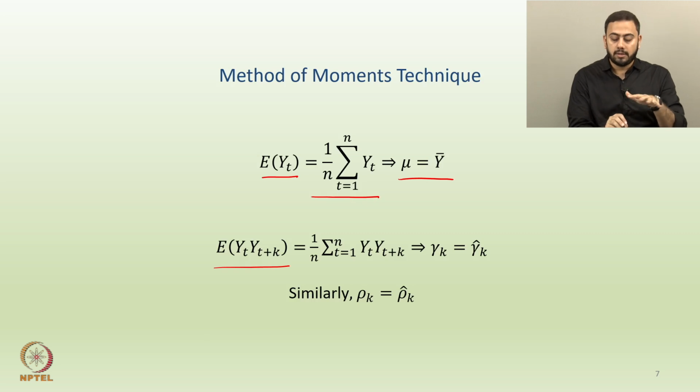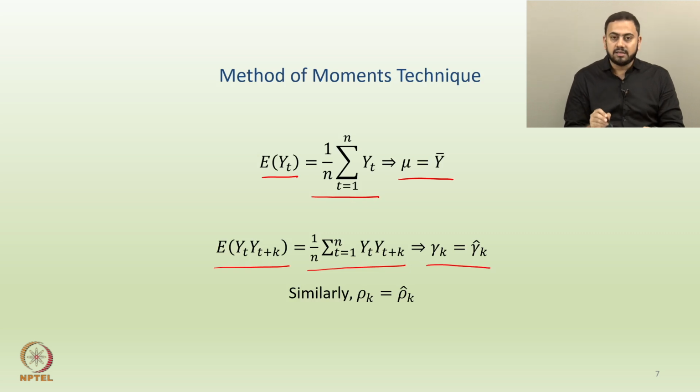The sample version of the covariance is 1 by n summation yt into yt plus k. So, essentially you are equating the population autocovariance and the sample autocovariance.